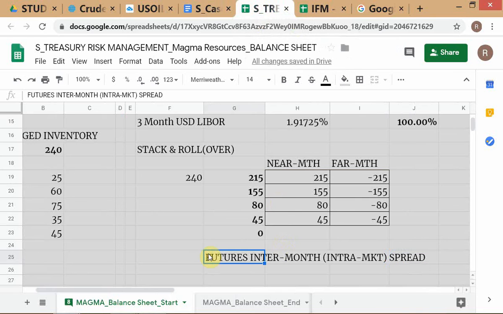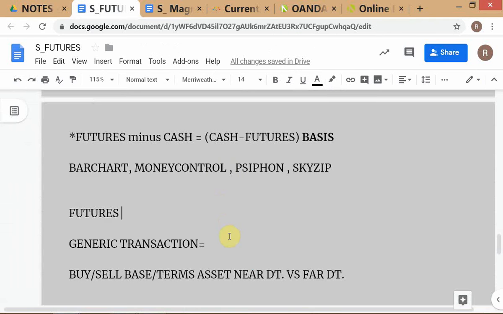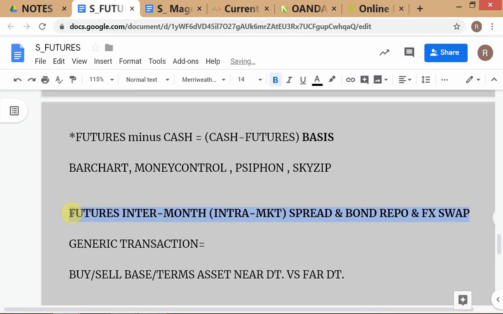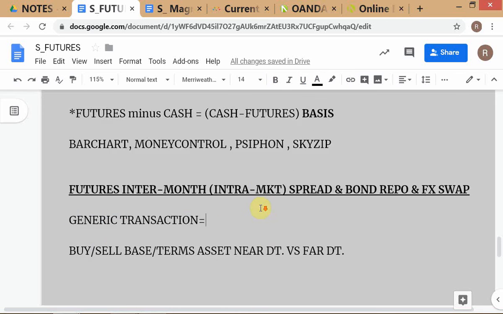So instead of writing it once again, I'm just going to put it here. And bond repo, and also let me write FX swap, which we are not going to discuss right now. All these three are structurally identical transactions. This is how it's structured.